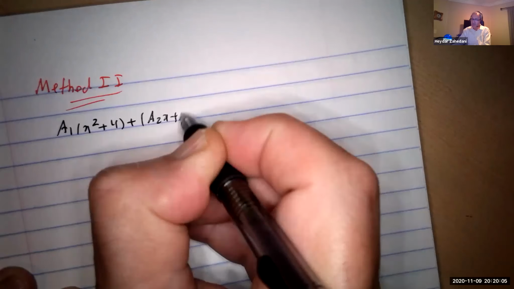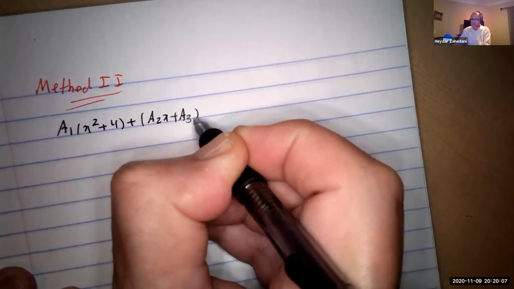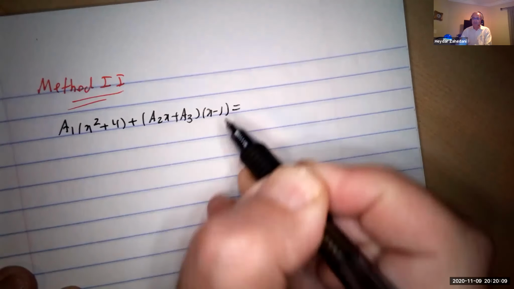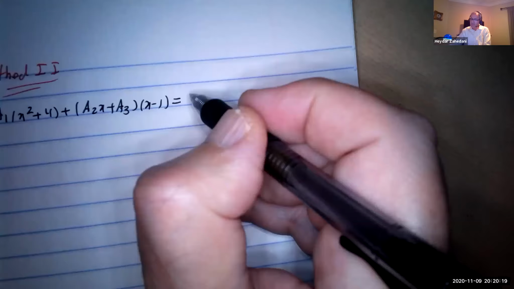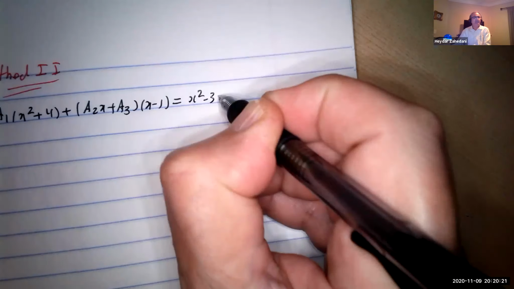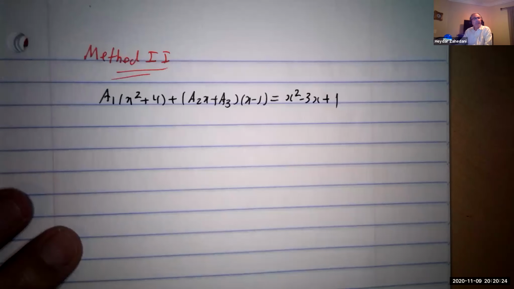You see, I have a1 times x squared plus 4, and a2x plus a3 times x minus 1, equal to x squared minus 3x plus 1. Let's see what's going to be method 2.